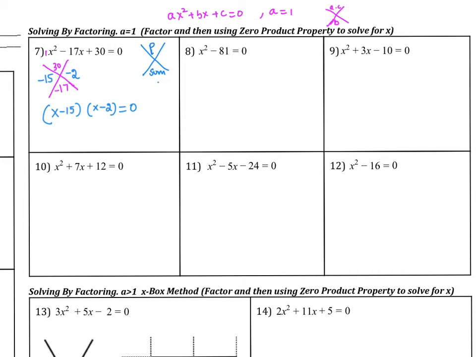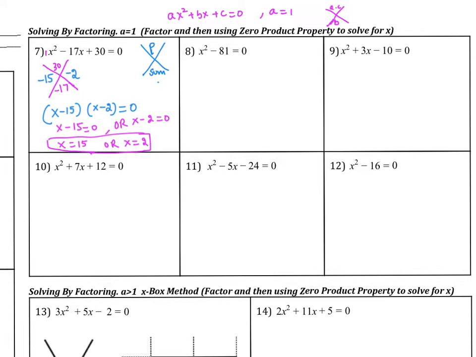Now they are in factor form, and I can find the x value using the zero product property. So you're going to set them equal to 0 one by one. So x minus 15 equals 0, or x minus 2 equals 0. So either x should be 15 or x should be 2.